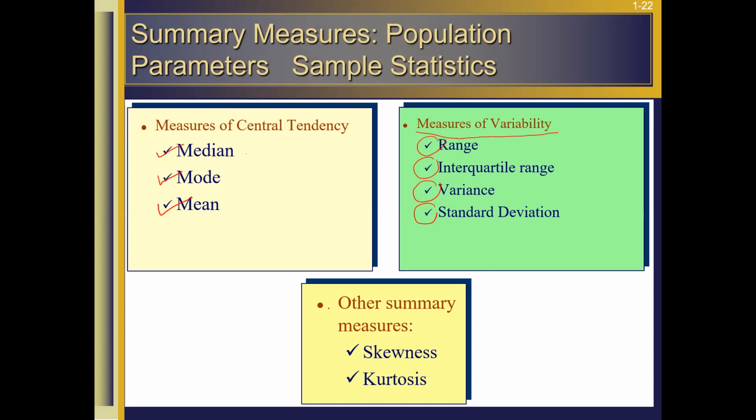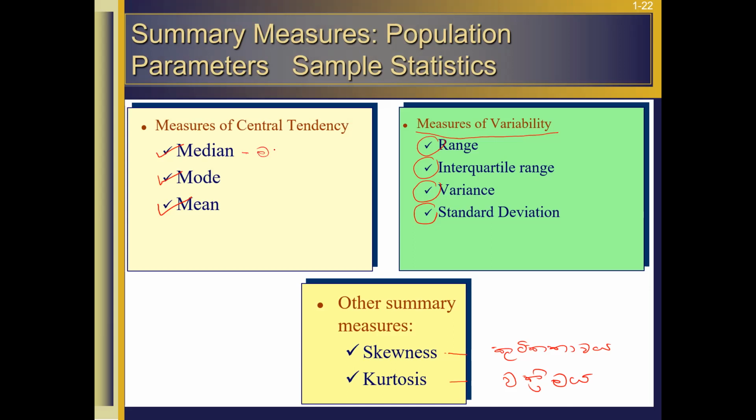I am also talking about other summary measures, skewness and kurtosis. In Sinhala, skewness is called kutikatavaya, and kurtosis is called vakrimaya. Shall I write the Sinhala meanings here as well?